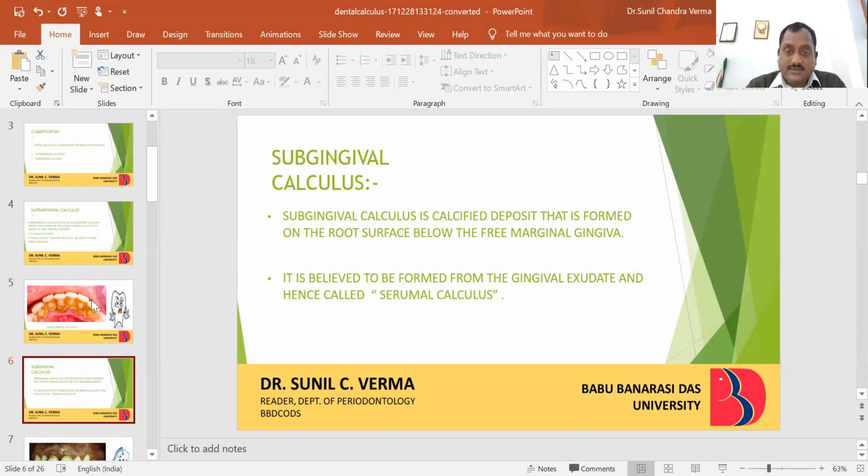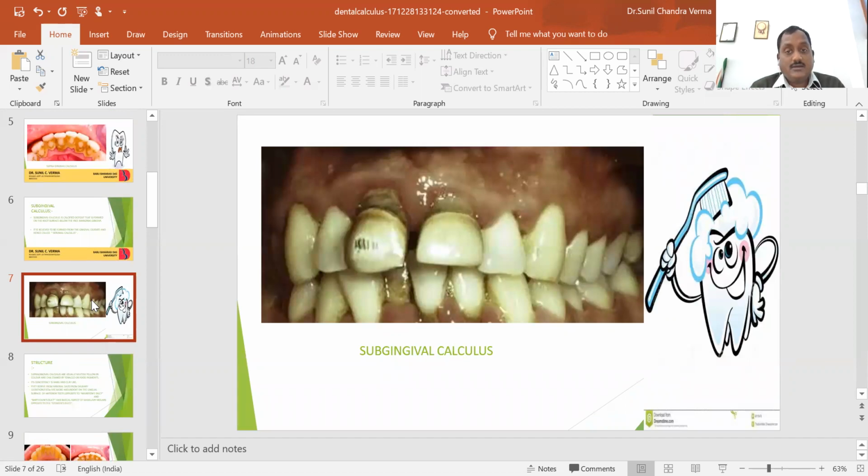Means the constituents of subgingival calculus are derived from serum, means the gingival crevicular fluid components. This picture shows subgingival calculus below the gingival margins, you see the hue of the calculus from upper and lower arches.